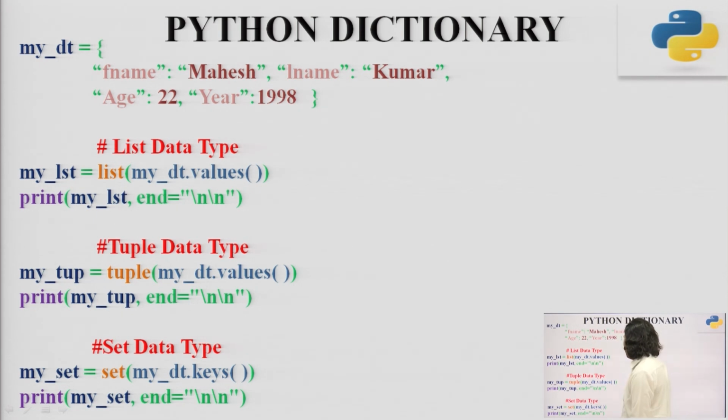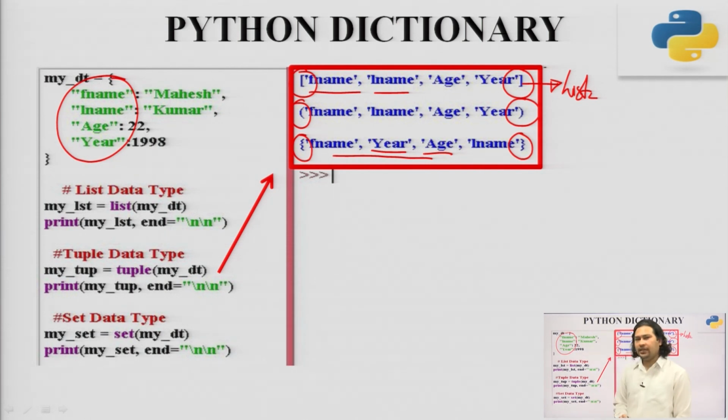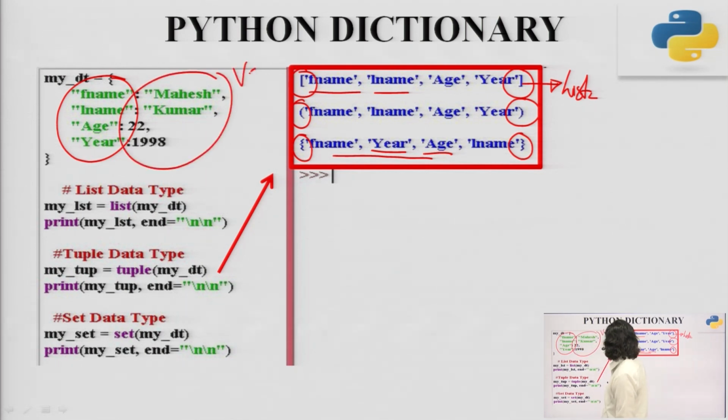Now, is the reverse possible for this one or not? Before that, we are again looking at the methods related to the values. In the previous slide you have seen f name, l name, year, age; these are the key elements. So, here the question arises: if these key elements are taken in the list, tuple, set data type, is it possible to take the values in a list data type?